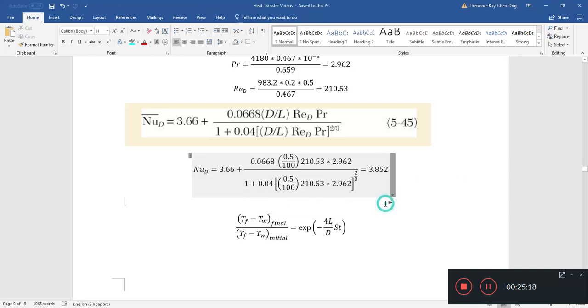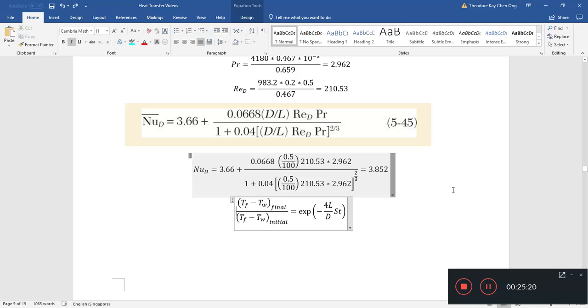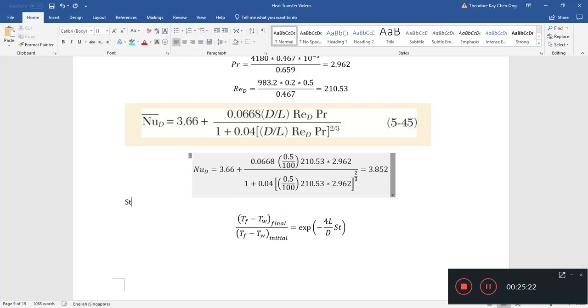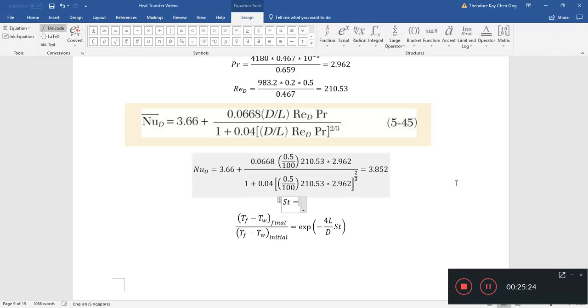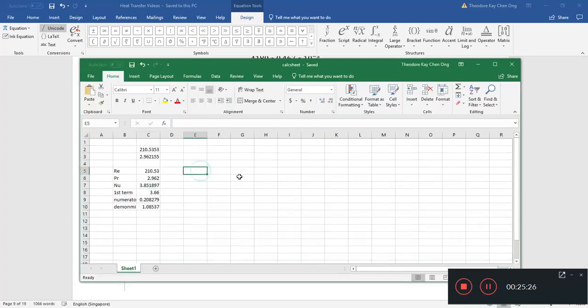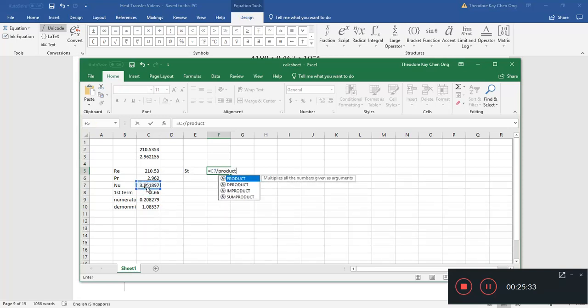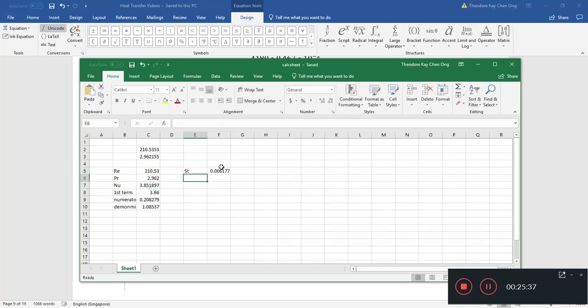So what's our Stanton number? Well, we can get Excel to do it. What's the Stanton number? It equals the Nusselt number divided by the product of this. 0.00616117.